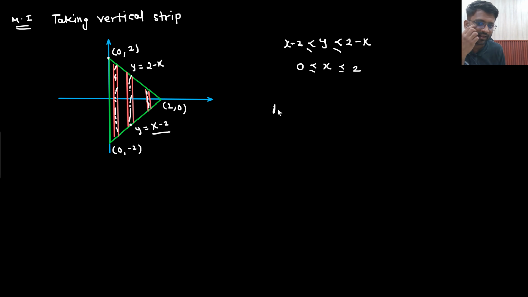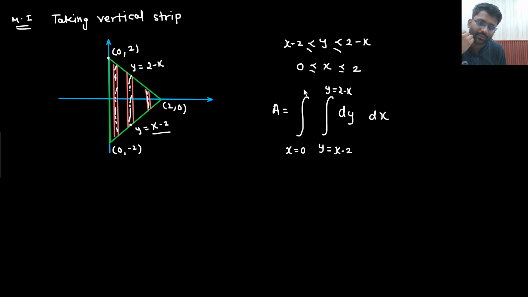So what will be the area? Area will be simply the double integral of dy dx. First I will write dy, because I know that this is the variable limit, going from x minus 2 to 2 minus x, and then dx, where x is going from 0 to 2.